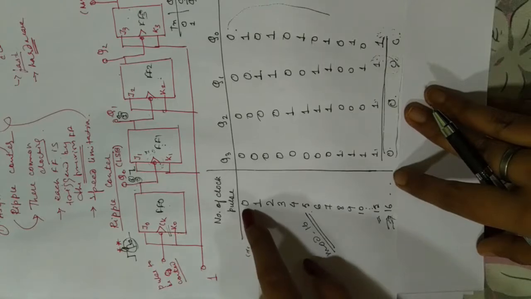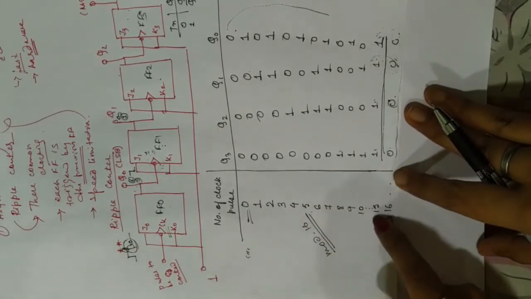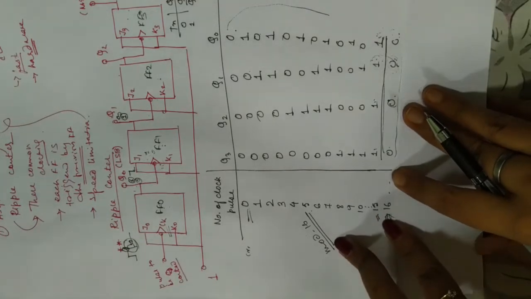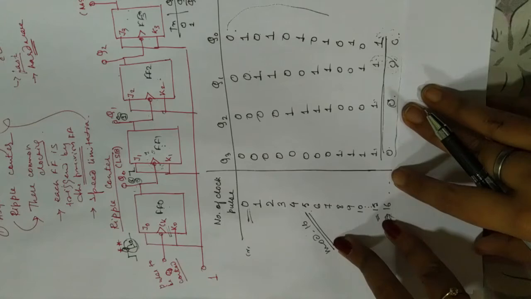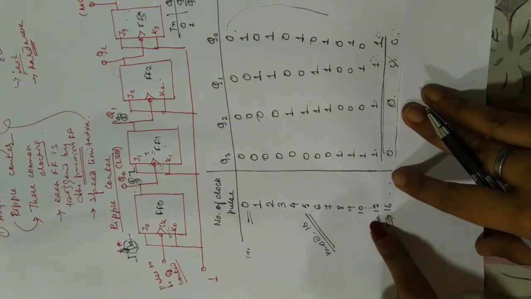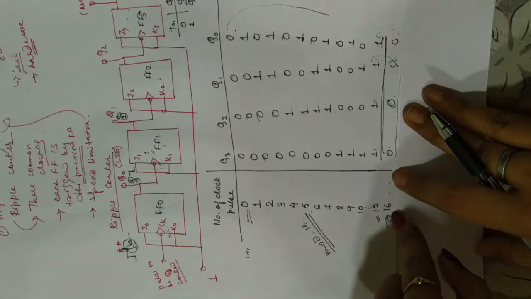Okay, the initial state was 0, and before reaching the initial state it has passed through 16 states, so it is called a mod 16 counter. So a 4-bit ripple counter is also called a mod 16 counter, and modulus means the number of unique steps a counter passes before reaching its initial state again.